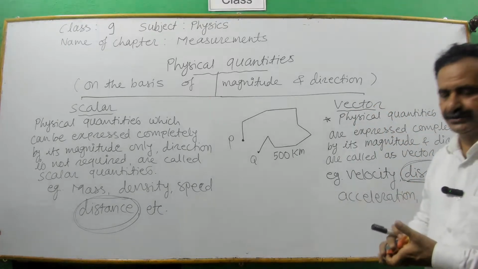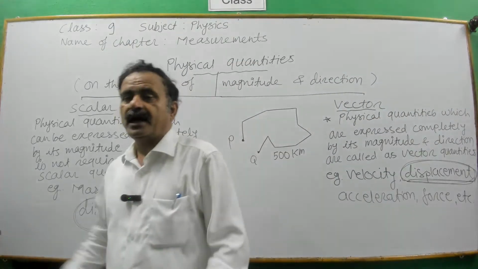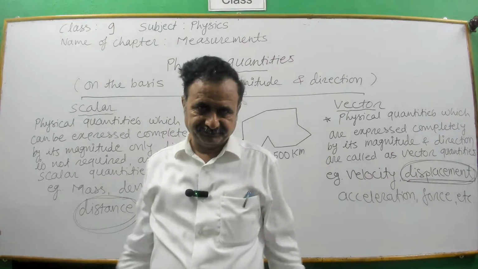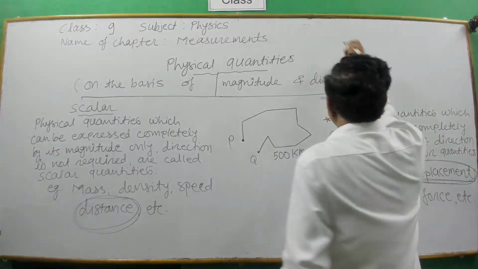What is the difference between these two? See here. What is the definition of distance? Actual path traveled by a body. लेकिन ये डिस्प्लेसमेंट अलग होता है बच्चों. What is meant by displacement?